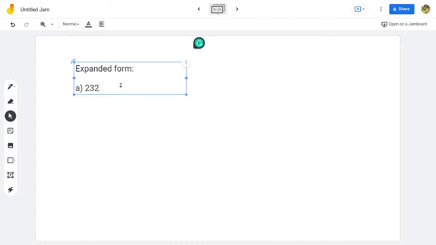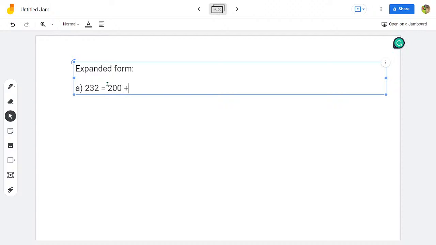We have 232. Now if we try writing this in expanded form, that would be 200 add 30 add 2.